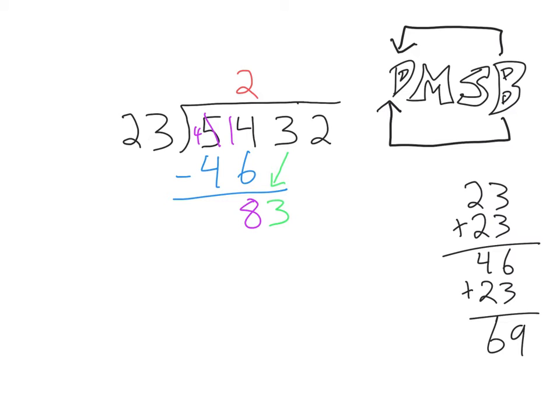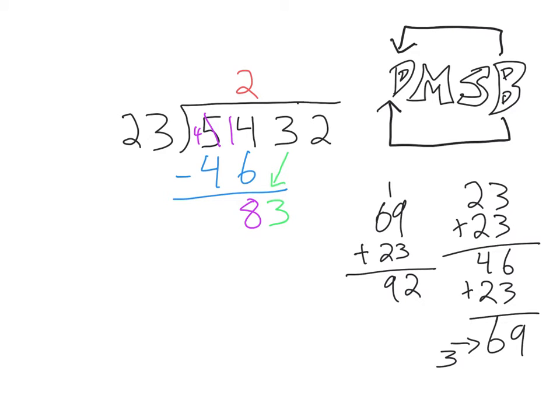Okay. Well, didn't I already figure out that 3 groups of 23 is 69? So I can just add another group of 23 to that, right? So that's 3 groups. If I add one more set of 23, that'll give me 4 groups. 9 plus 3, 9, 10, 11, 12. 6, 7, 8, 9.